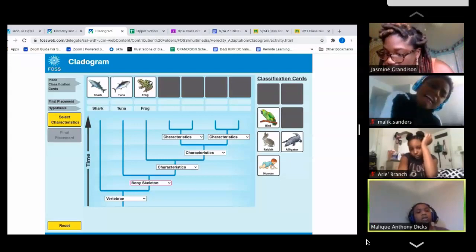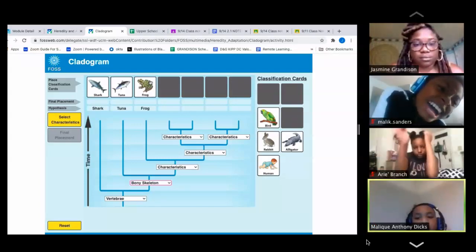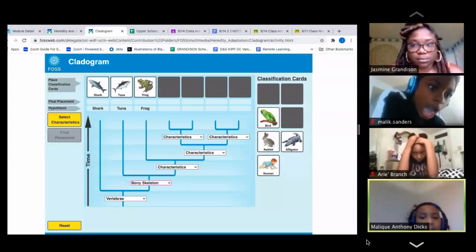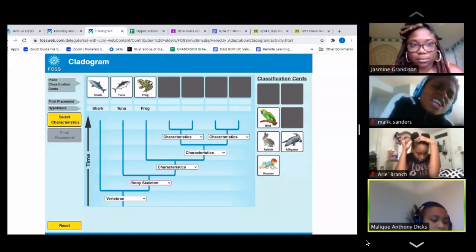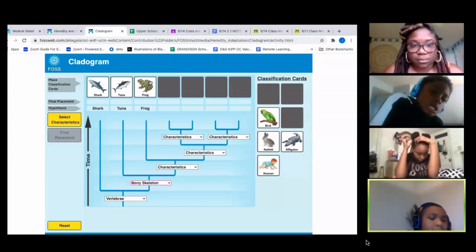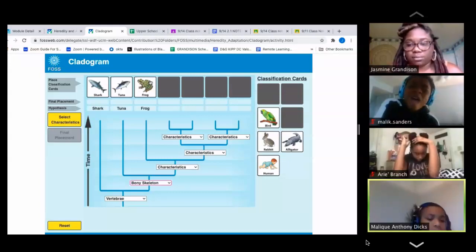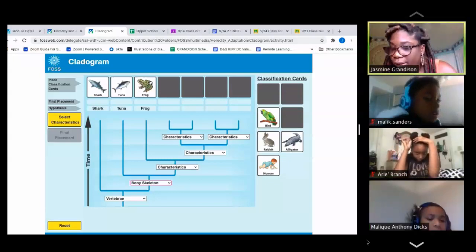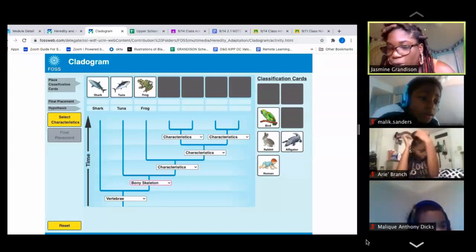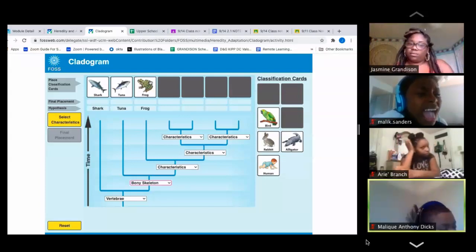I said the frog have a bony skeleton. Good. And all right, so they have 4 limbs. Do you both kind of live the same way?